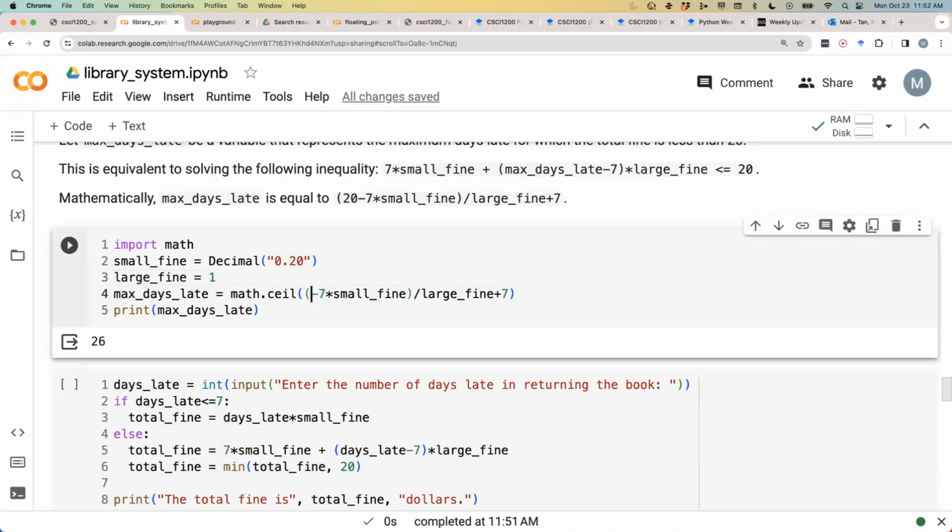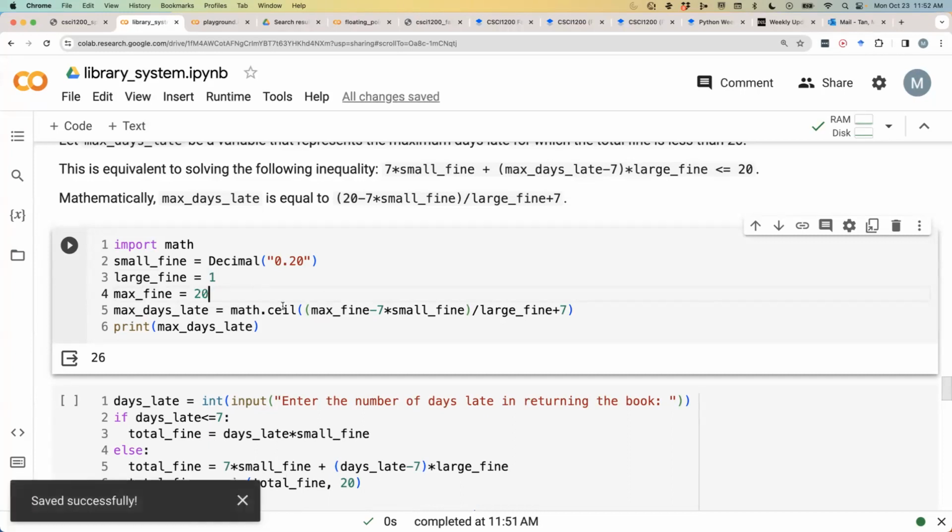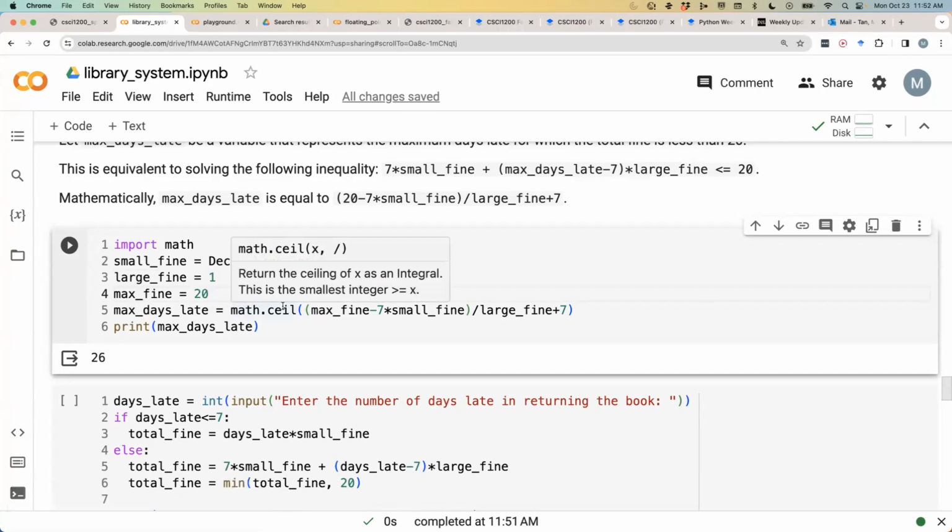So here I can, for example, say maximum fine. I like to write everything as a variable because if in the future the system changes the maximum from $20 to $50, I don't want to look for all occurrences of 20 and change them to 50. I will just change it here.